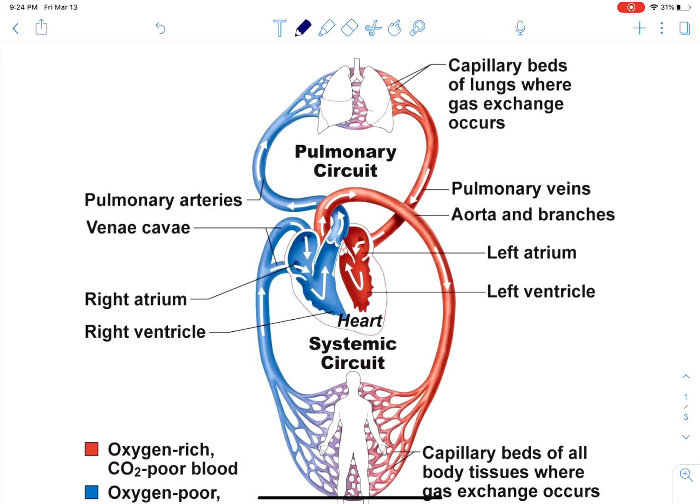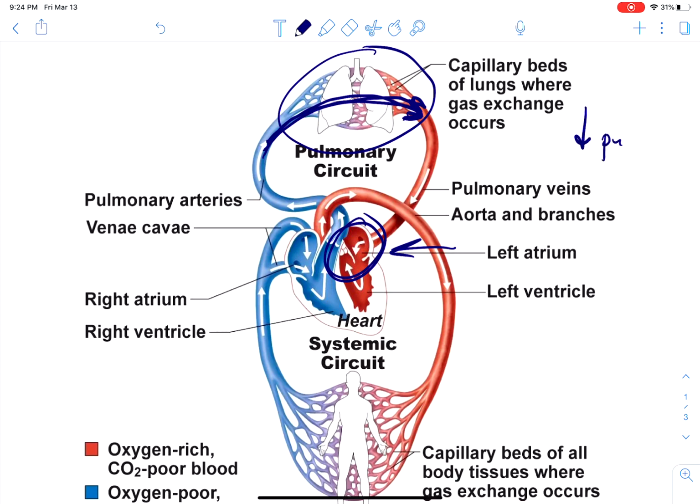So here we have the pulmonary circuit up here, and we want to know what this mitral valve prolapse is doing to pulmonary circulation, the amount of blood that's traveling through the lungs. So what is this mitral valve prolapse doing to the amount of blood that's traveling through the lungs? It's decreasing it. It's decreasing pulmonary circulation. And why is that the case?